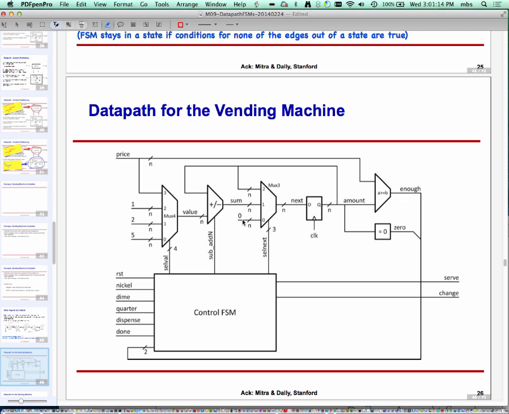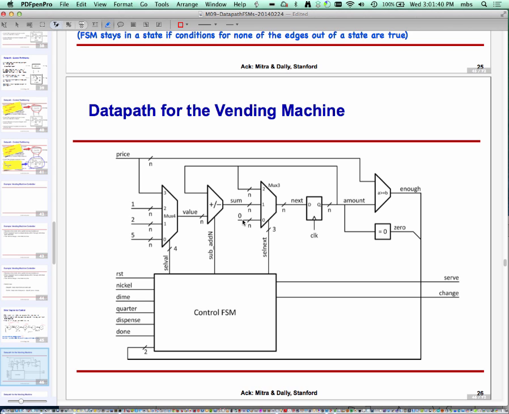So when the dispense button is pressed, I have to compare whether the money I have is more than the price or not. Only then I will release the can. And then finally, when I'm returning the money, as I'm returning the nickels, I have to deduct 5 every time I return a nickel until I go back to 0. So intuitively, that's a set of operations you expect the data path to do.